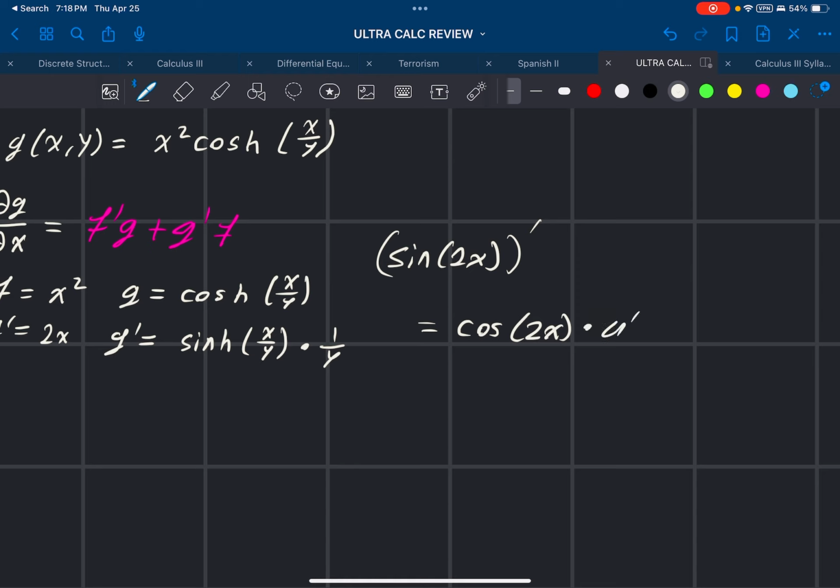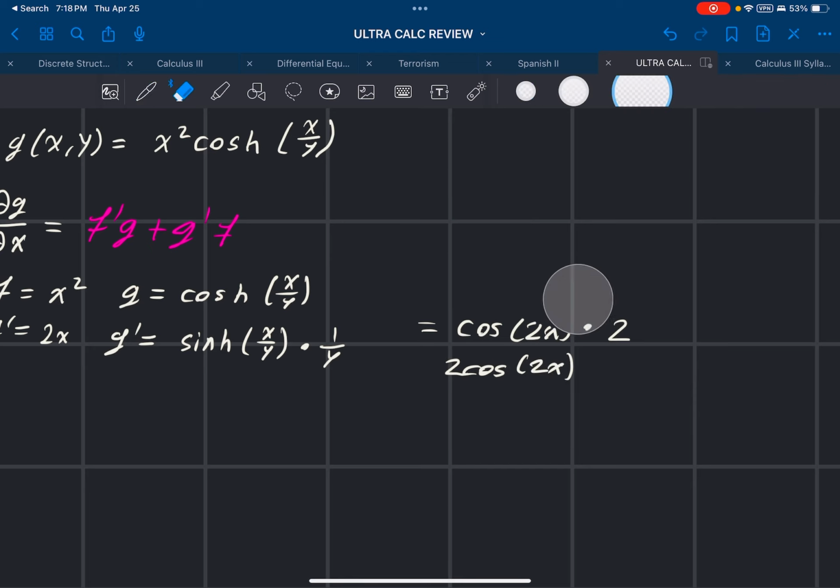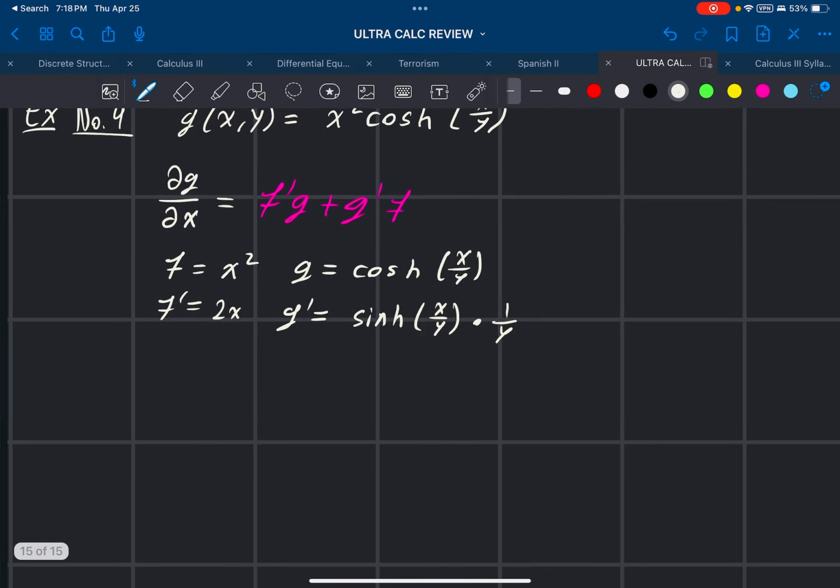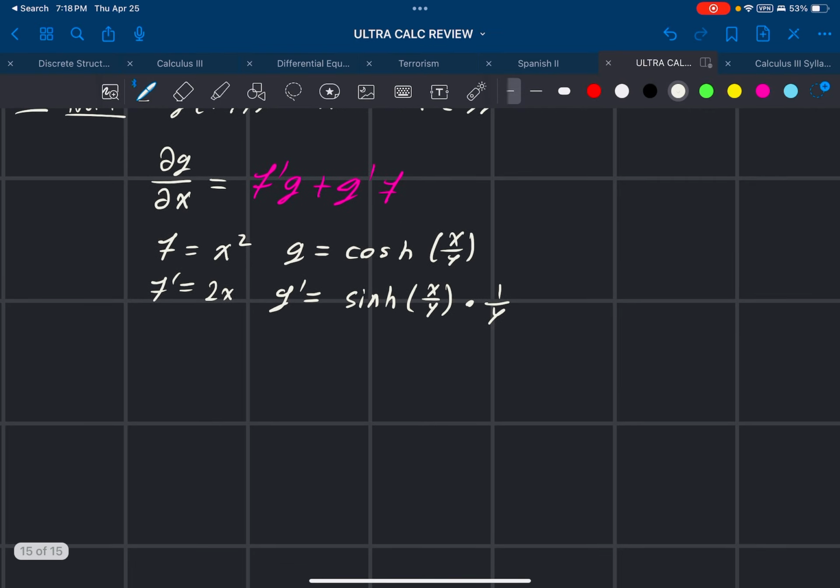Let's say it's sine u, then you multiply by the derivative of the inside, which in this case would just be 2. So it would be 2 cosine 2x. That's where we're getting this from. So this looks okay.